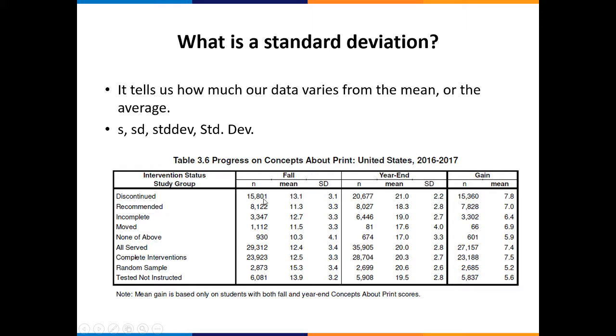In the fall, there were almost 16,000 kids that had a concepts about print score, represented by the N. The mean score at the beginning of the year for our discontinued kids was 13.1. And here we are, your friend and mine, the standard deviation, as indicated by the SD abbreviation. In the fall, the kids had a concepts about print standard deviation of 3.1.